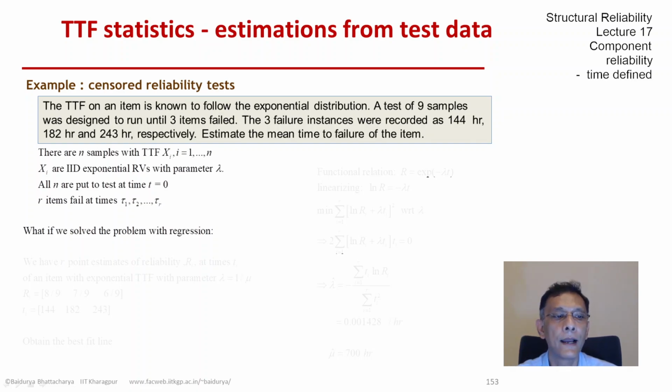But let us come back to this: what if we did not go through all that trouble and we just solved this problem with regression? What do I mean by that?